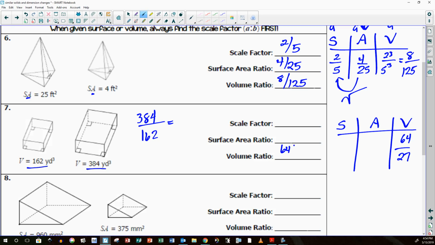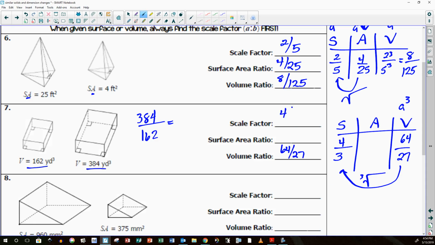So we're going to start here. Now to go from here all the way back, remember this is your cubed column. So that means to go this way, you have to take the cube root. In your calculator, if you press math, you'll see that number 4 will take the cube root of a number for you. So the cube root of 64 is 4, and the cube root of 27 is 3.